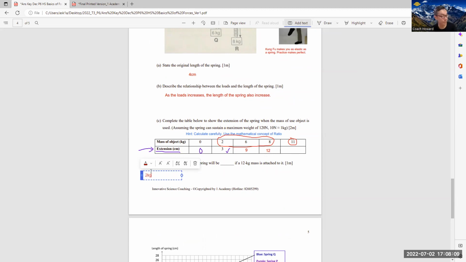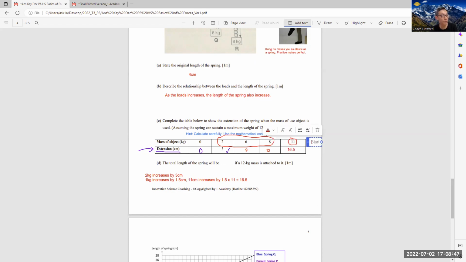Because 2 kilogram increases by 3 cm, 1 kilo increases by 3 divided by 2, which is 1.5. So therefore, 11 kilogram increases by 1.5 times 11, which equals 16.5. So this blank here is 16.5.